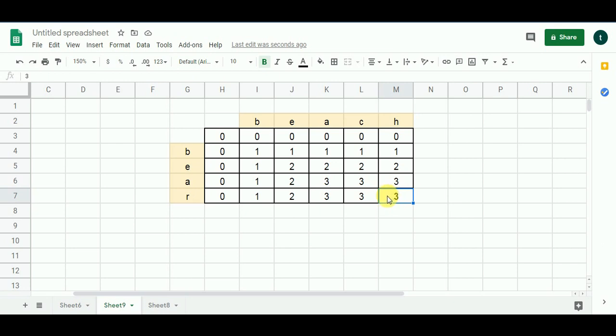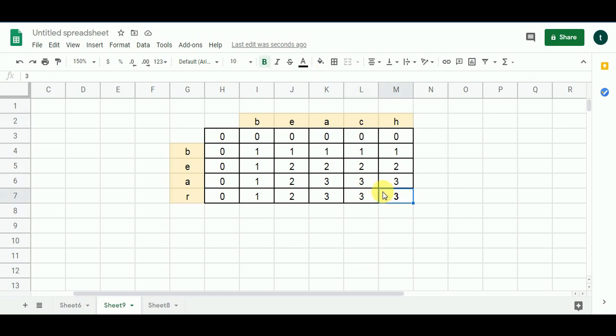Since this 3 is not getting derived from this cell, that means H and R are not matching. Okay, it's vice versa. I could have checked these two characters and derived that it is not getting derived from here.